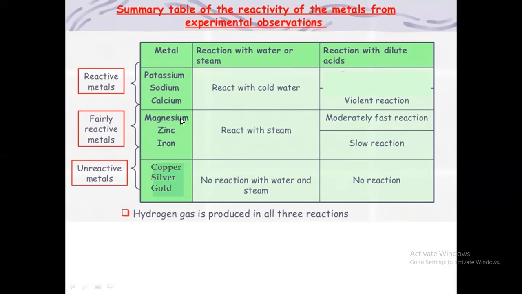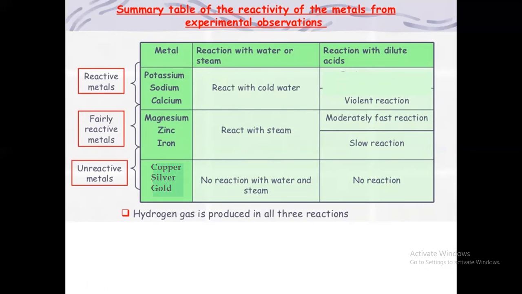Magnesium shows moderately fast reaction in dilute acid. Zinc and iron show slow reaction with dilute acid. But copper, silver and gold show no reaction with dilute acids, right?